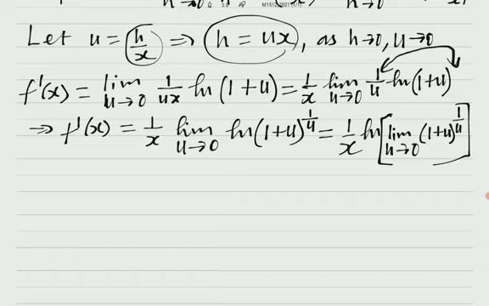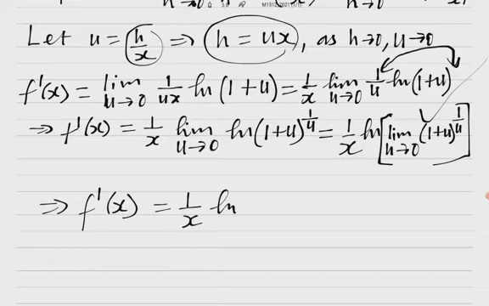Now this is the result which we said you should know, that this is nothing but e. So we can plug in that value of e here, which implies f prime of x is equal to 1 over x ln of e.